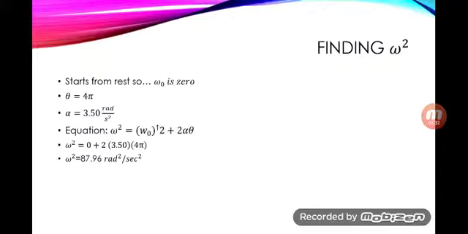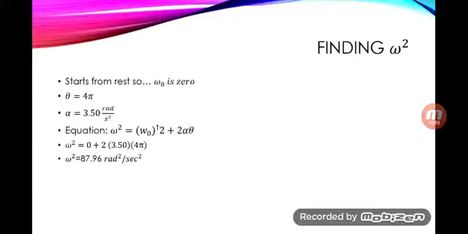Our theta is 4 pi, and our acceleration is 3.50 rad per second squared. Just plug it in. The final angular velocity squared equals 0 plus 2 times 3.5 times 4 pi, which is simply 87.96 rad squared per second squared.